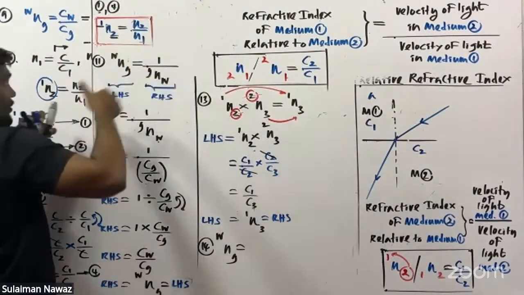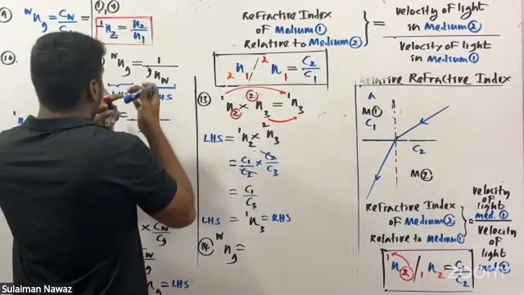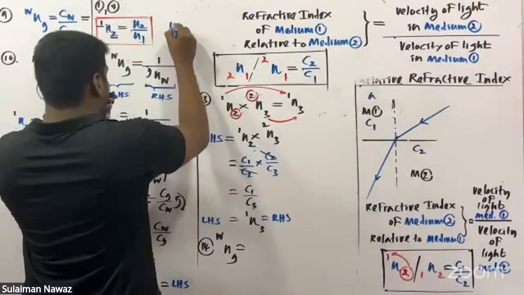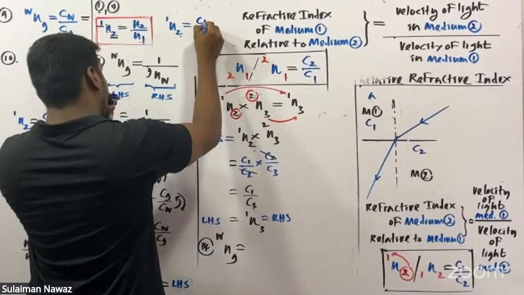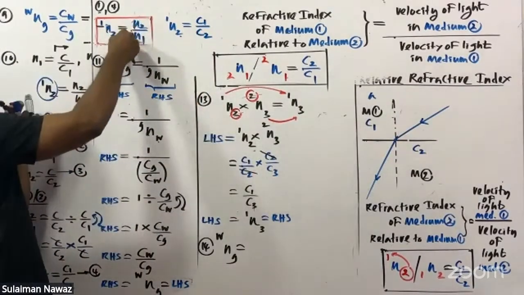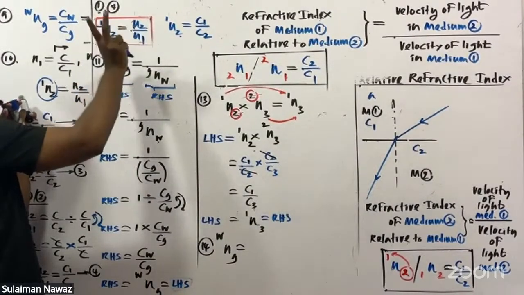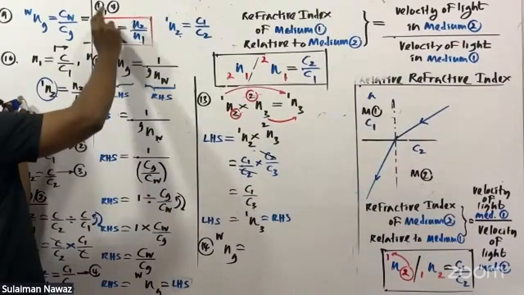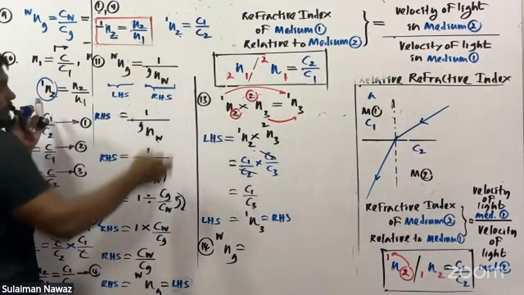If it is a speed ratio, 1 to 2 means C1 over C2. Remember that story: absolute refractive index ratio, 1 to 2 means 2 over 1; speed ratio, 1 to 2 means 1 over 2.